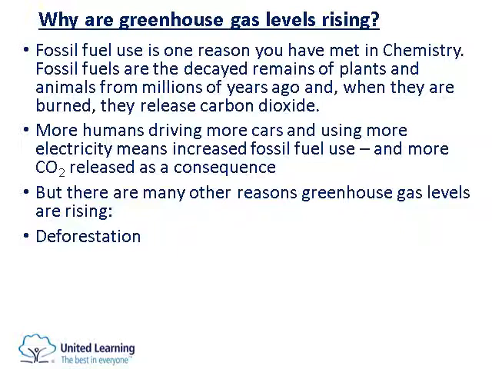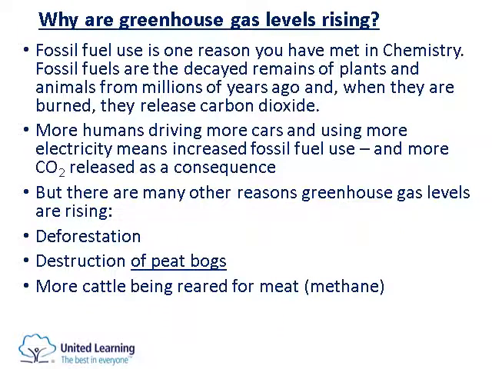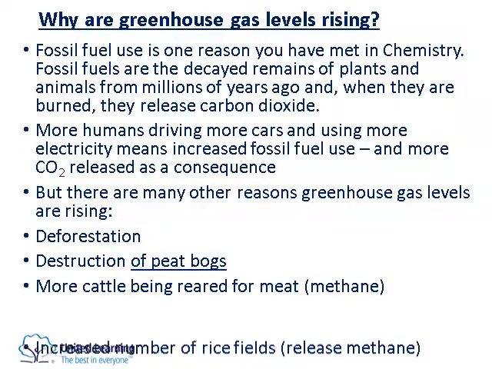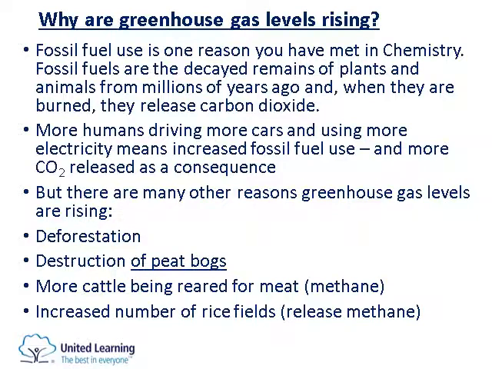So deforestation obviously means less photosynthesis, less carbon dioxide being removed. We're going to talk about something called peat bogs, which is additional to what you know from chemistry. We know that more cows means more methane, and more rice means more methane as well. Methane is also a greenhouse gas, so you need to consider that when you're talking about why greenhouse gas levels are rising.